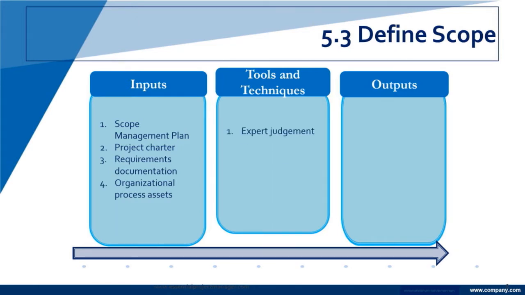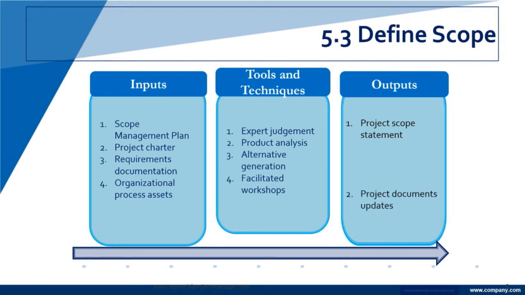We use the techniques of expert judgment, product analysis, we'll talk a little about that, alternative generation, facilitated workshops, and the output is our project scope statement, as well as any updates to the project documents.